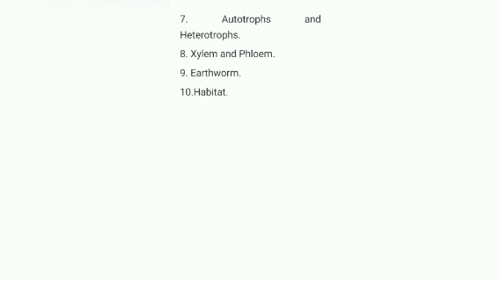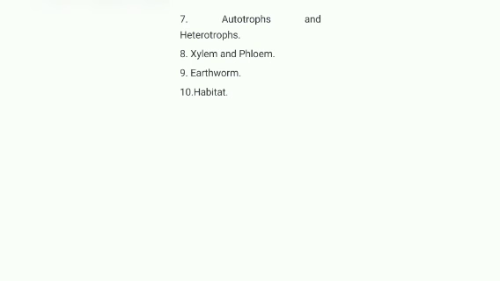Transport of water and nutrients occurs by xylem, and the food of the plant has to be transported to all parts by the vascular tissue called phloem.